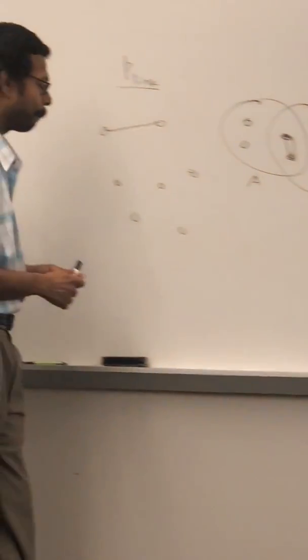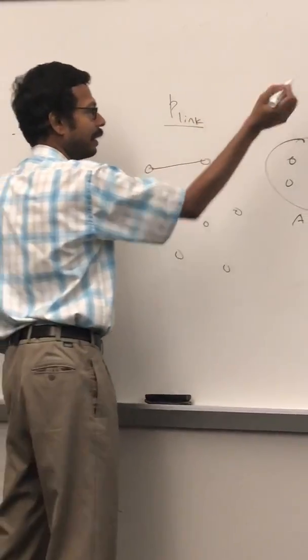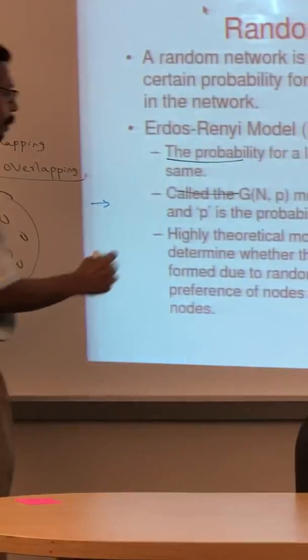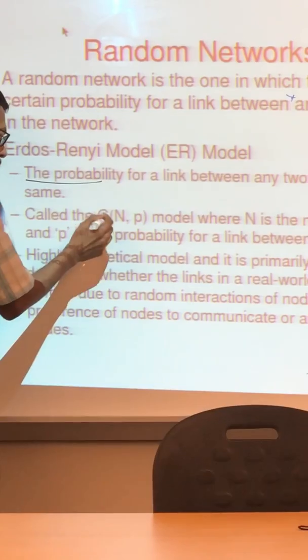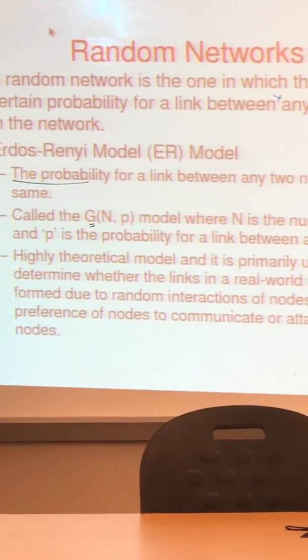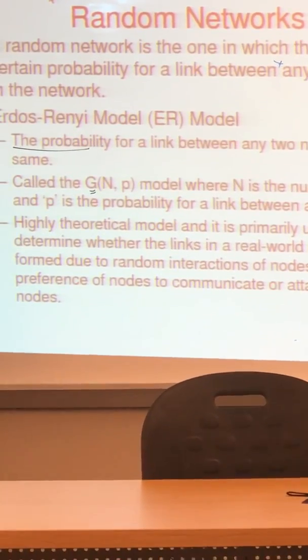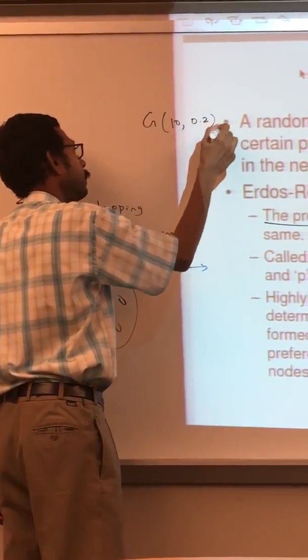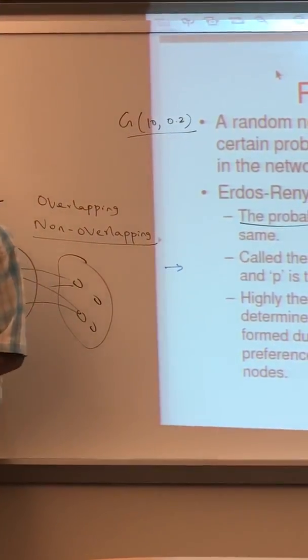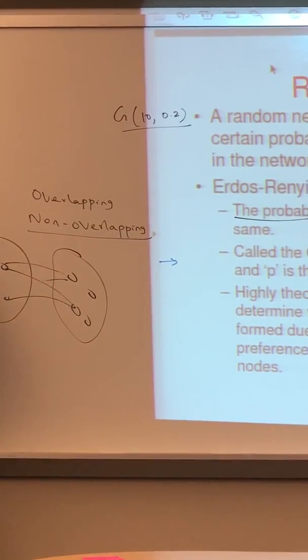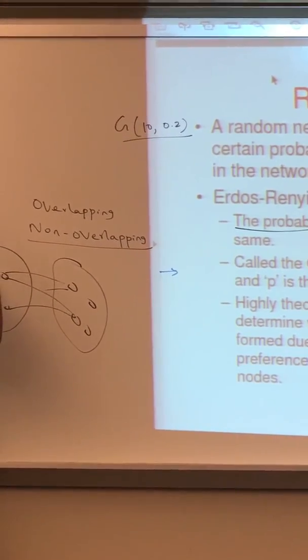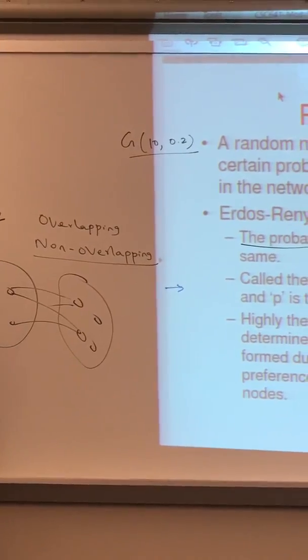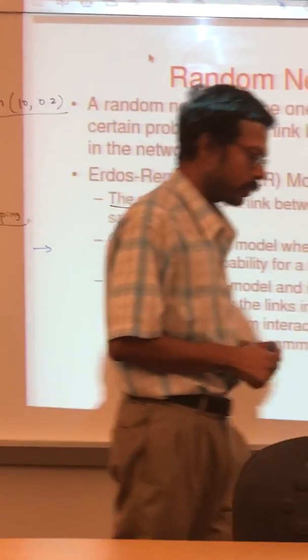So it can also be referred to as the GNP model, where G means graph, N the number of nodes, and P the probability. I can say G of 10, 0.2 means a graph of 10 nodes where the probability for a link between any two nodes is 0.2. So how do we generate such a graph?